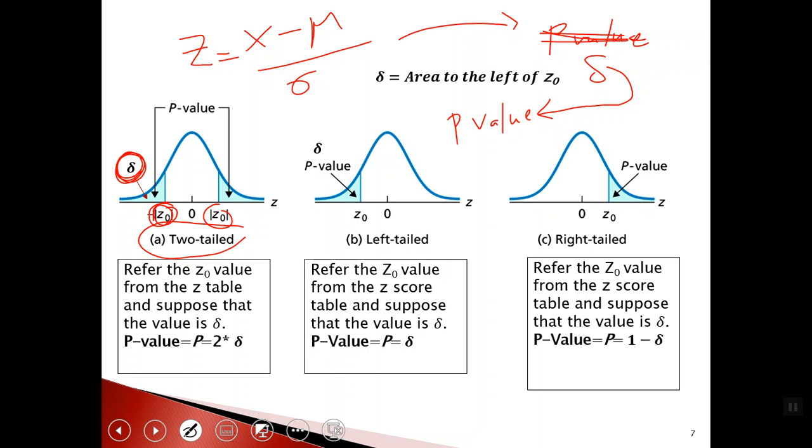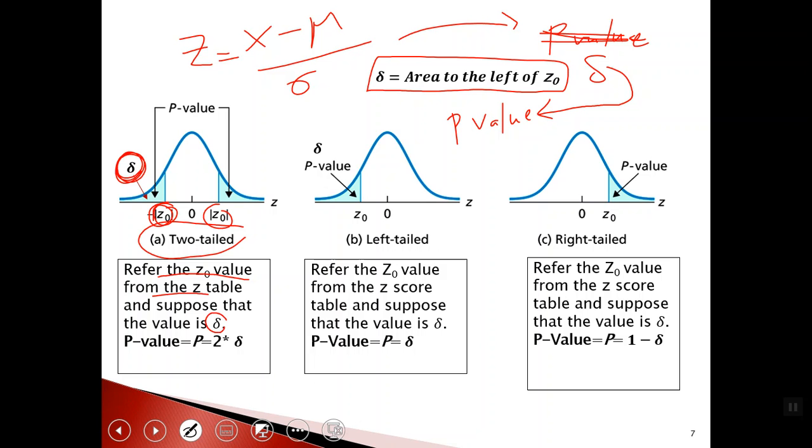First find the C value, then find the delta value, which means the area. Delta means the area to the left. Then use that delta value to find the p value. In the two-tailed case, first find the C value area using the C table.